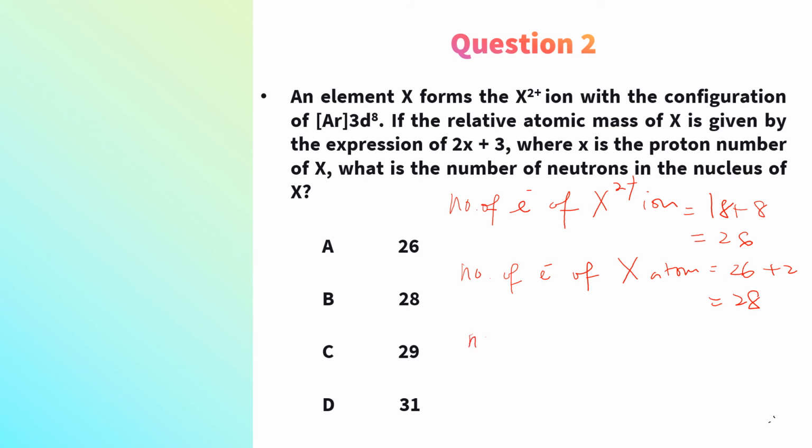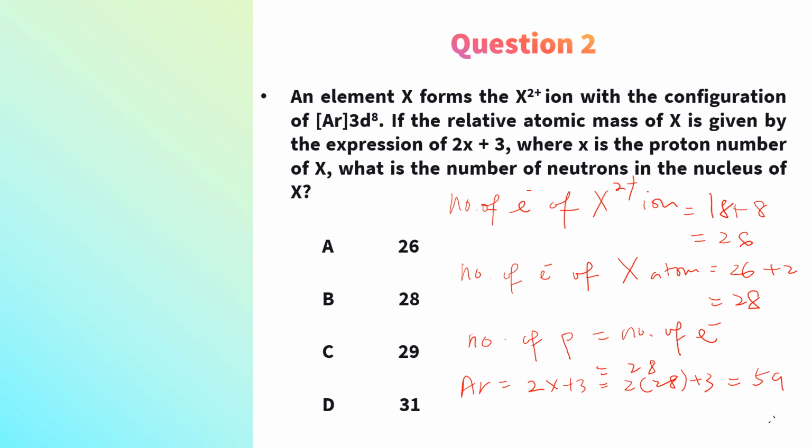The neutral atom has number of protons same as number of electrons, so equal to 28. So the relative atomic mass given is the expression 2x plus 3, so equal to 2 times 28 plus 3, so equal to 59.